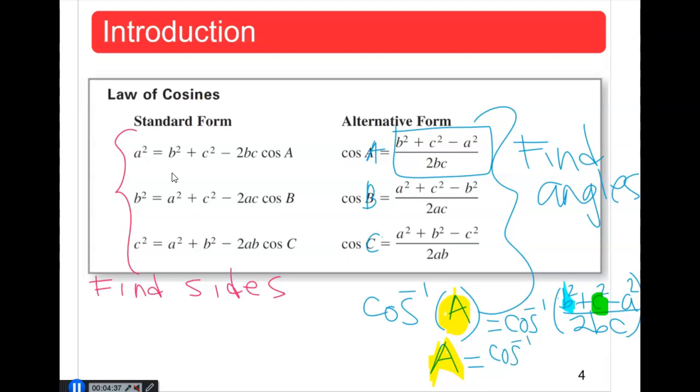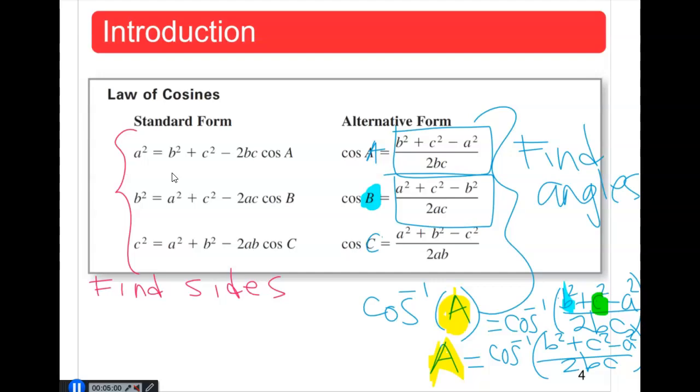We're going to learn how to enter all of this on the calculator at once. I just want to point out that if we are looking for angle B, for example, we will have to do the cosine inverse of the expression that we have here.